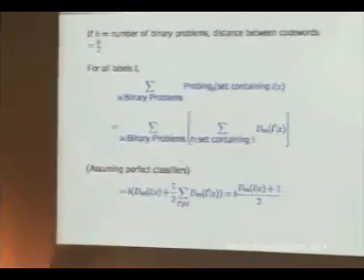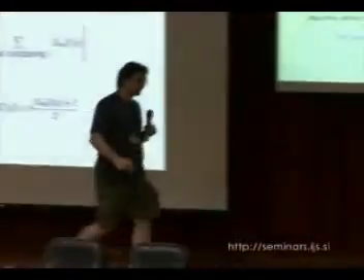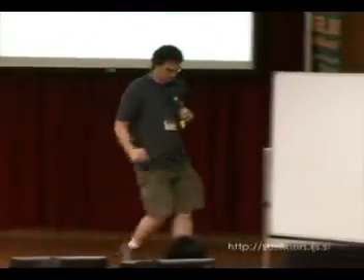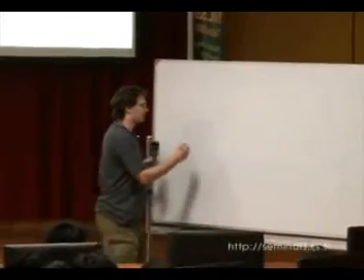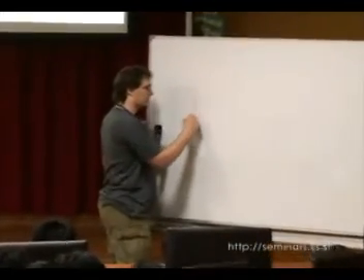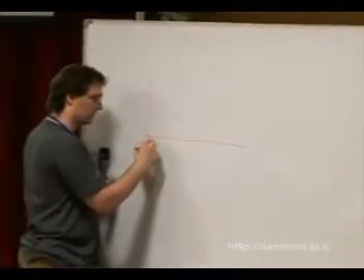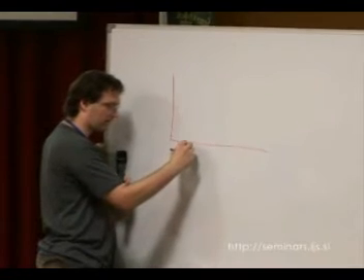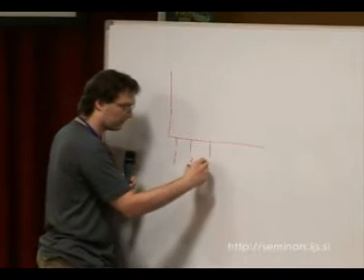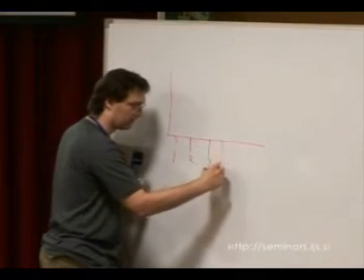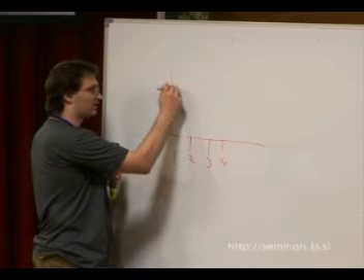maybe I should draw this. So we have label 1, label 2, label 3, label 4, and so forth. Each of these has some particular probability.